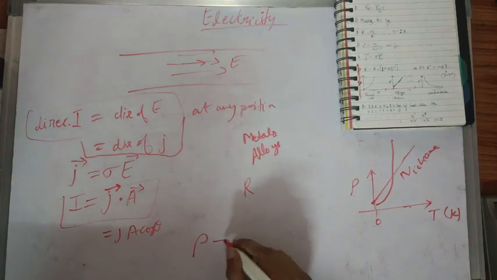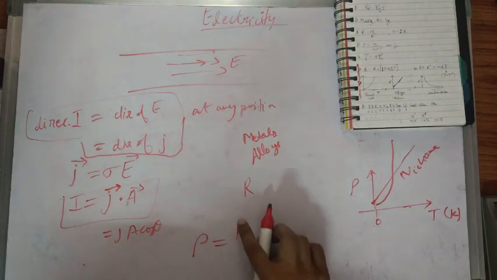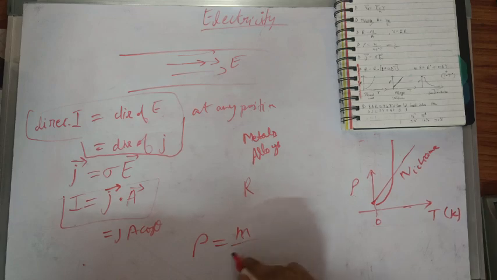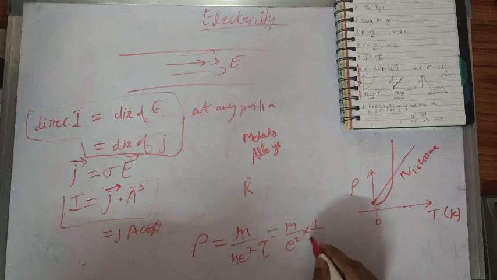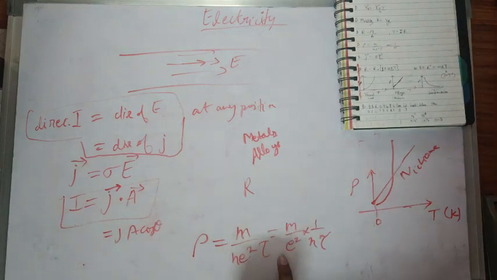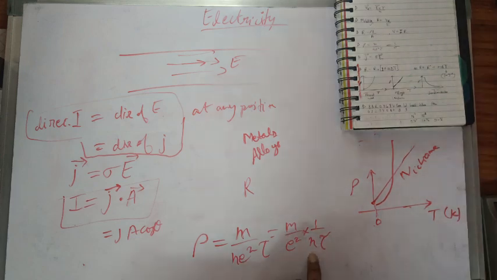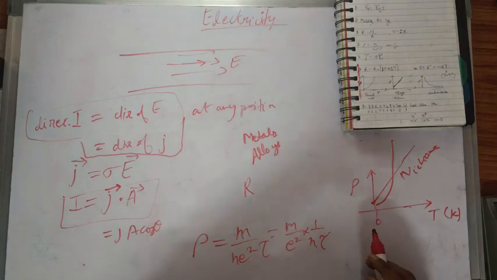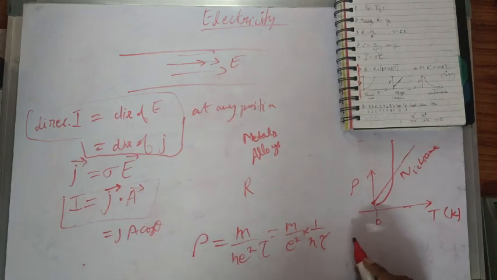we know that the formula of resistivity is mass of electron over n e square tau, which can be written as m upon e square into 1 upon n tau. Now this m upon e square is a constant value. When I change the temperature, n doesn't change in case of metal. In metals, all electrons are free electrons, which are causing the current.